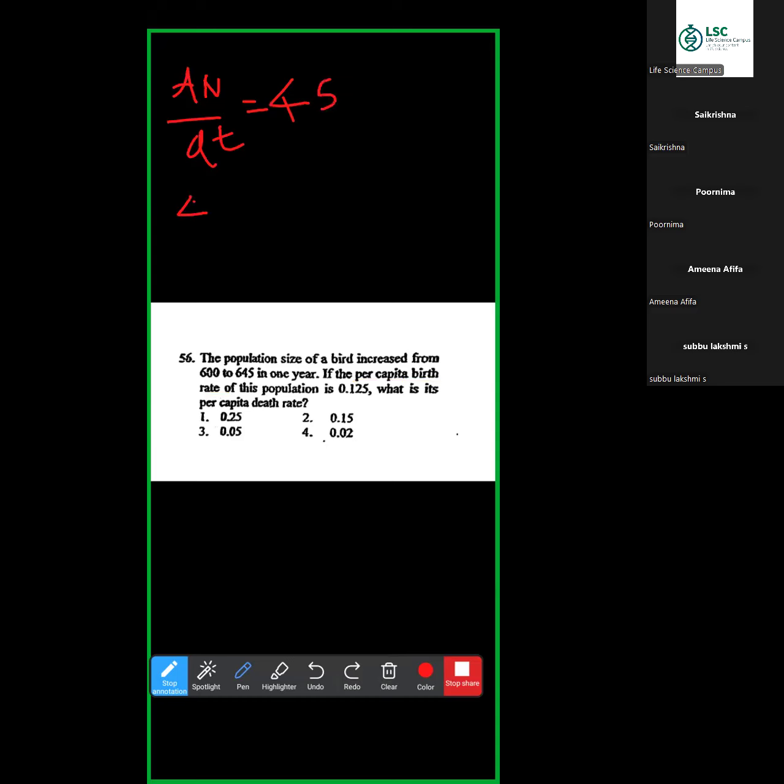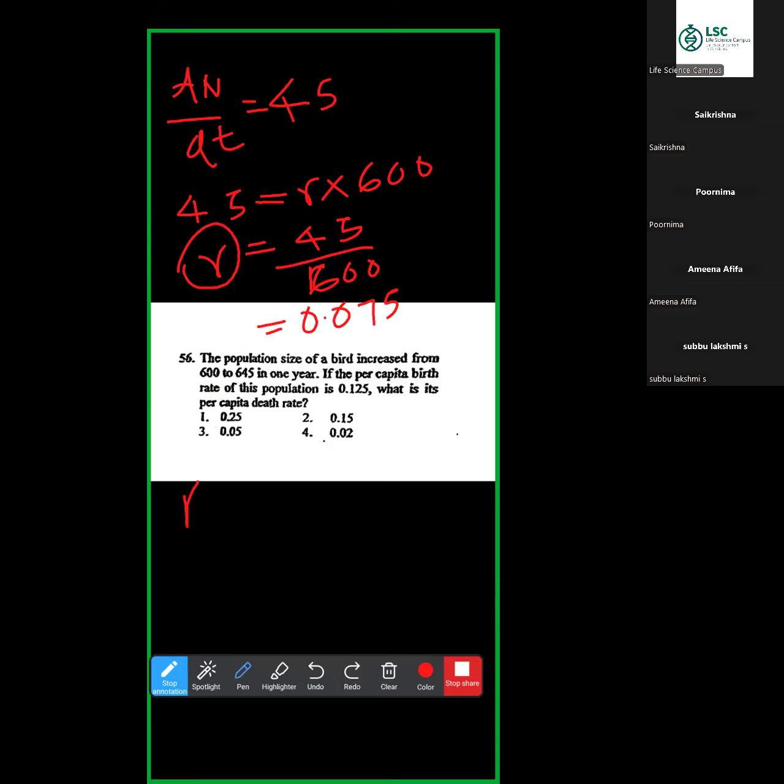So 45 is equal to R into N. Here N is 600. So R is given by 45 divided by 600, that is 0.075. Now we have this R value, so we can easily find the death rate.